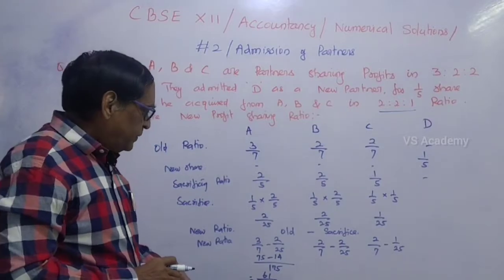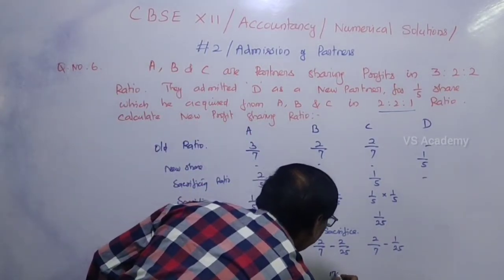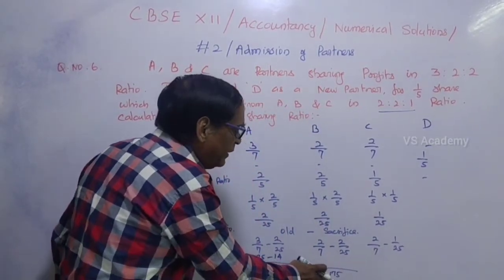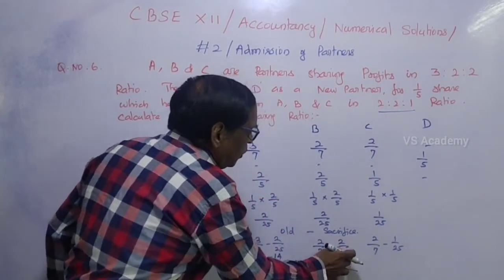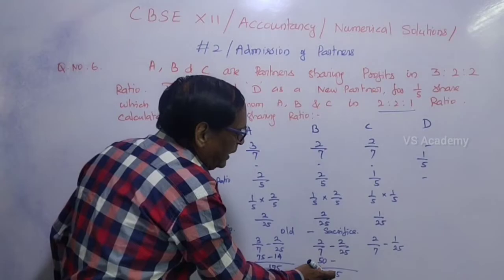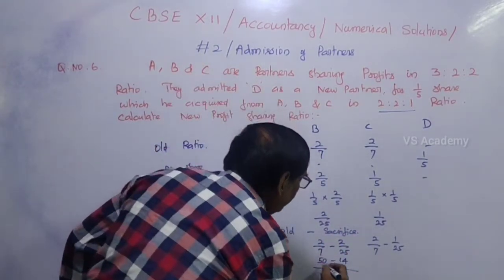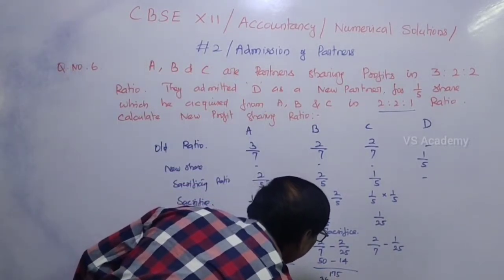And then next, here the same LCM 175. 7 out of 175 is 25 times. So 25 into 2, 50. 25 out of 175, 7 times. So 7 into 2, 14. So 50 minus 14, that is 36 divided by 175.